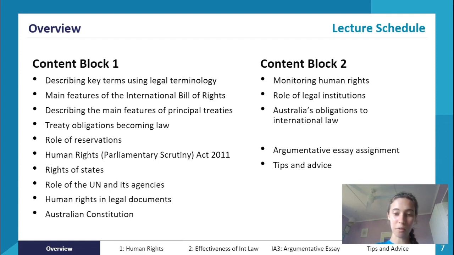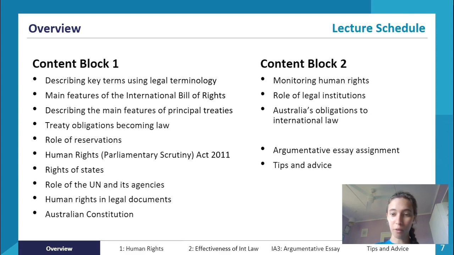You'll be able to easily follow along with where we're at by looking at the progress bar down the bottom. Everything that's next to human rights, number 1, is all topic 1. Keep that in mind as we go through. You can also see content block 1, all of which is from topic 1.